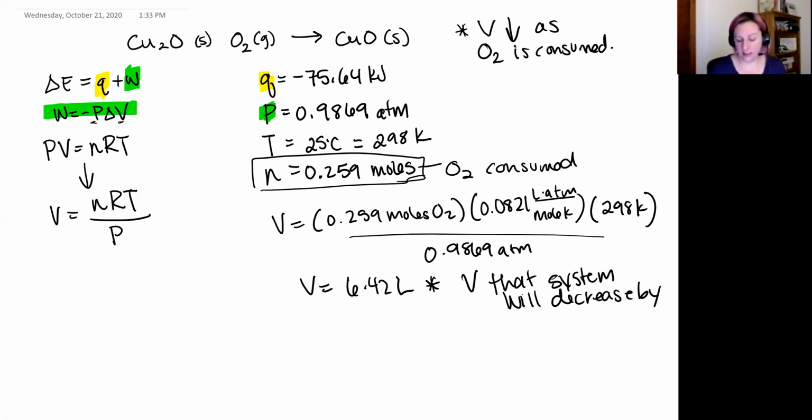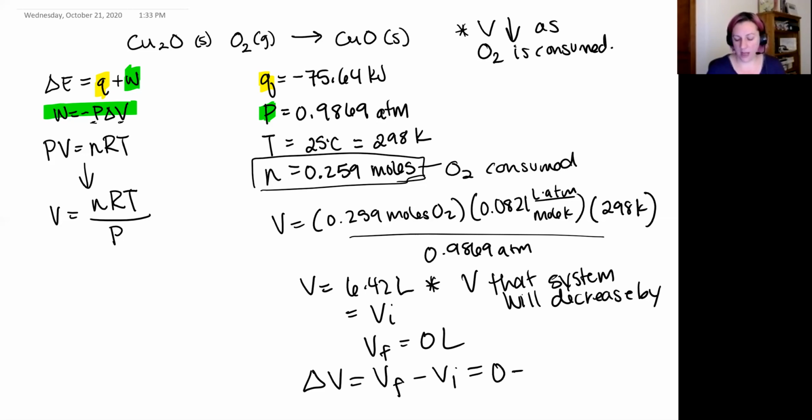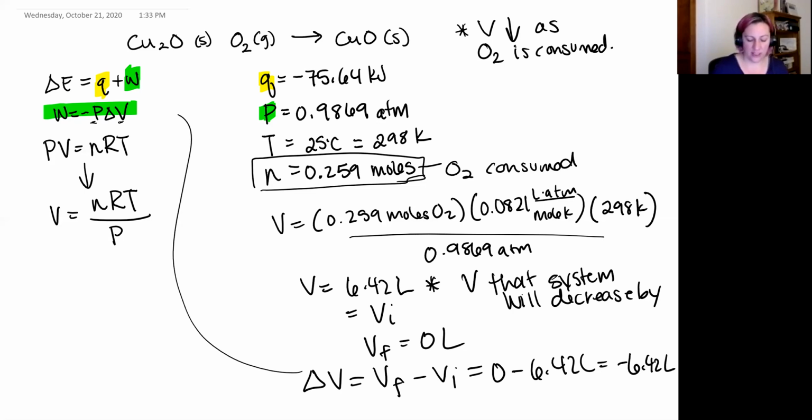Another way to think about this is the initial volume, and my final volume is going to be equal to 0 liters, right? So I can calculate that change in volume as my final minus my initial. And so that would be 0 minus 6.42 liters, or a negative 6.42 liters. So now I can go ahead and plug that value into my work expression.